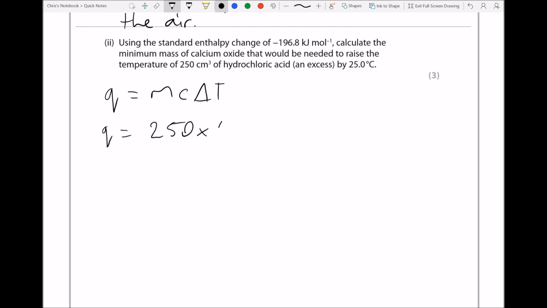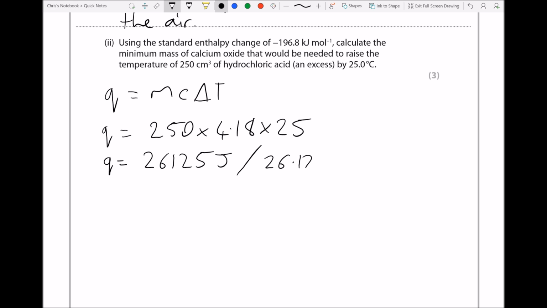The heat capacity is 4.18, and we multiply that by the temperature change, which is 25. If we put that into our calculator, we should get an energy of 26125 joules. Convert that into kilojoules, and we get 26.125 kilojoules of energy produced by this reaction.